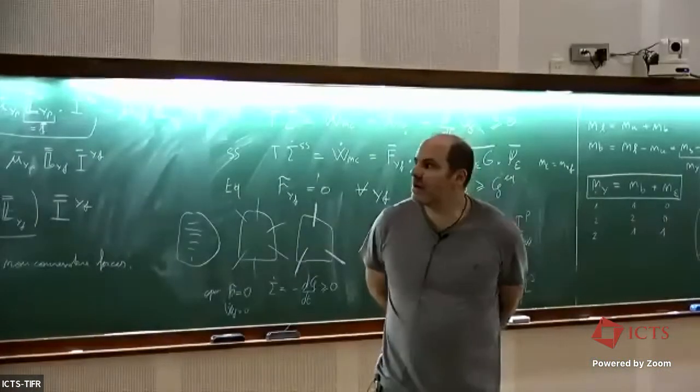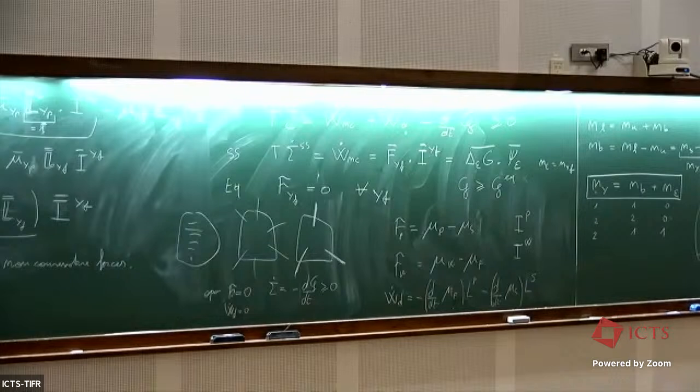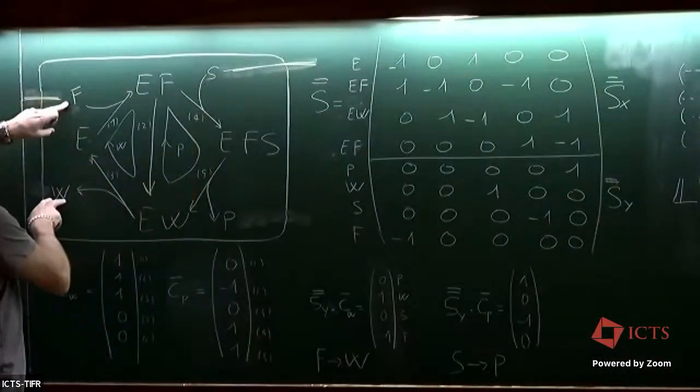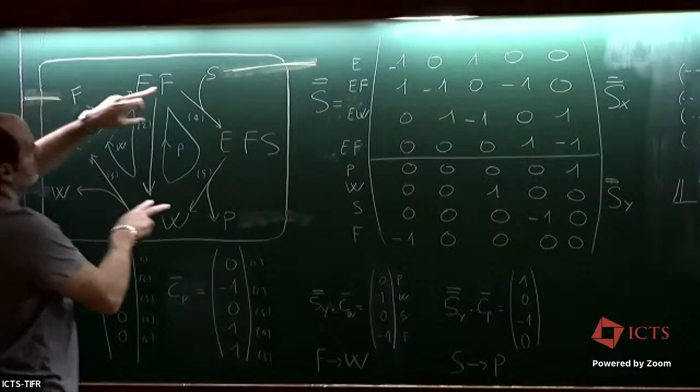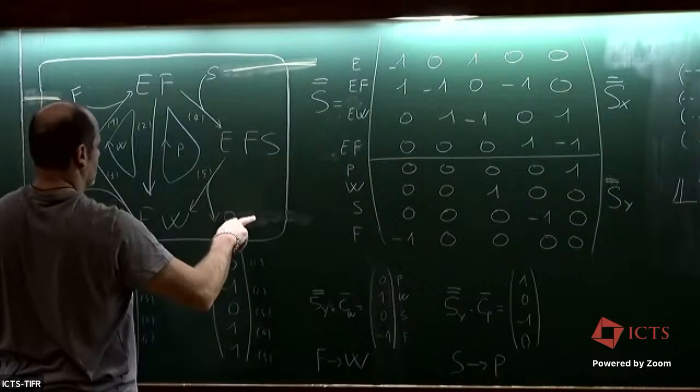But your system would reach equilibrium in that case. It's not trivial. In other words, you don't need to equilibrate this chemical potential with this one. The key is this with this one and this with this one. But these ones can be different and these ones can be different.